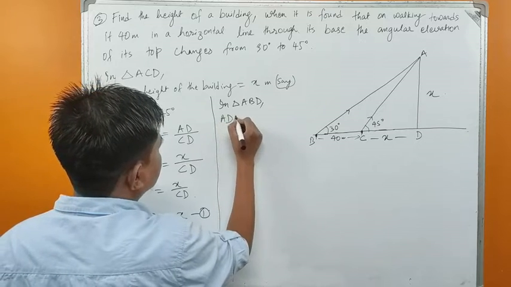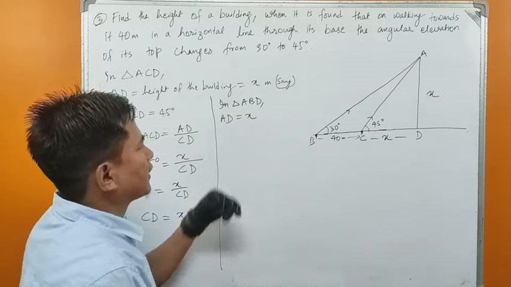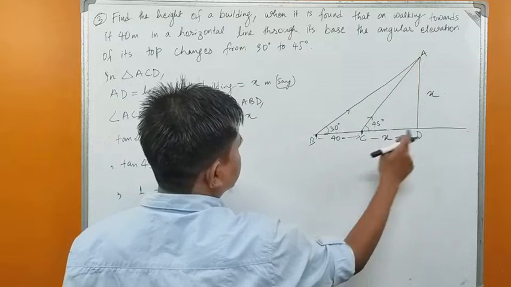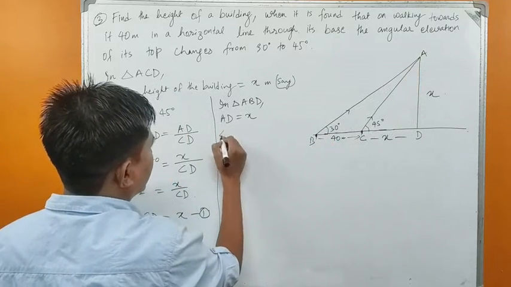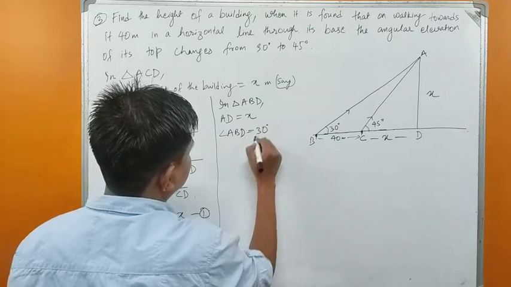AD equals x. We know AD is the height of the building, that is x, and angle ABD is 30 degrees, isn't it?